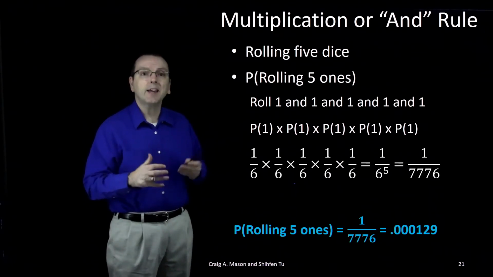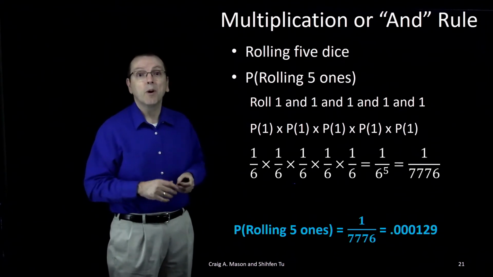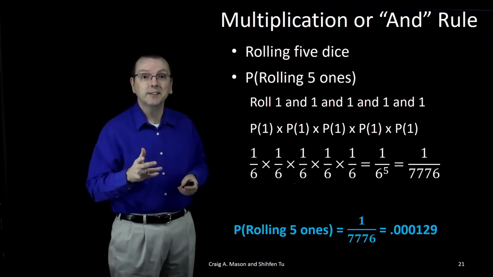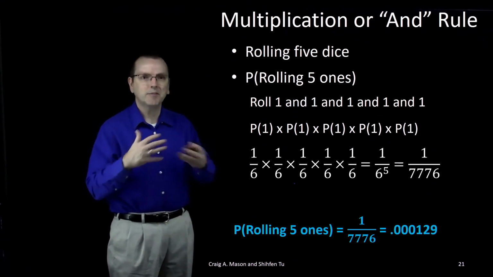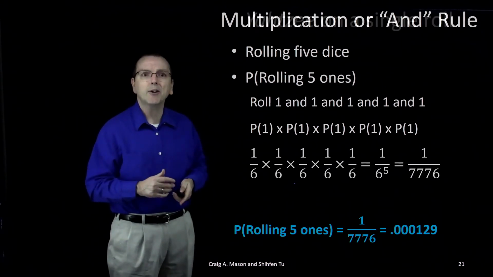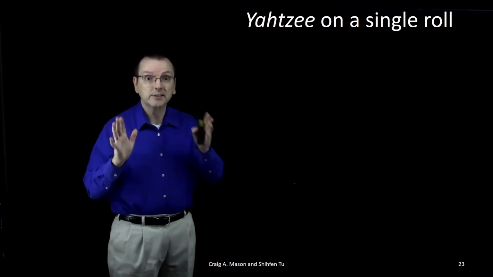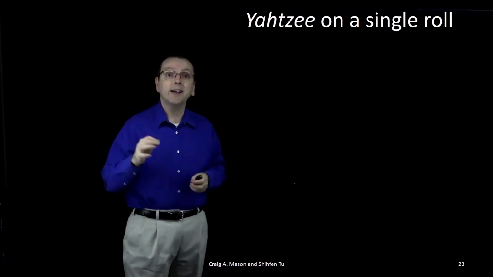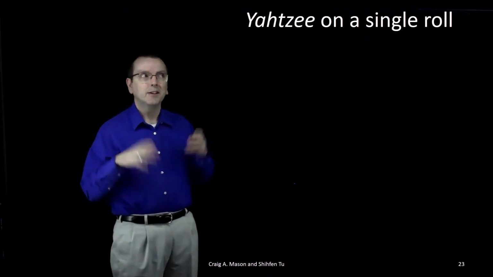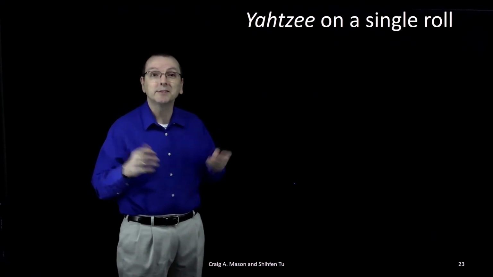There's a dice game called Yahtzee where you roll 5 dice and get points based on different combinations of values that show up in those rolls. A Yahtzee is where all 5 dice have the same value, and that's worth the most points.